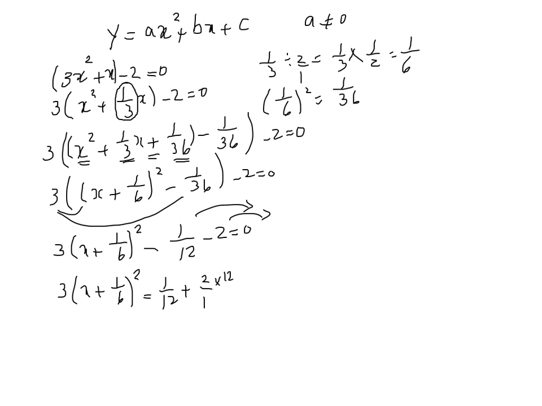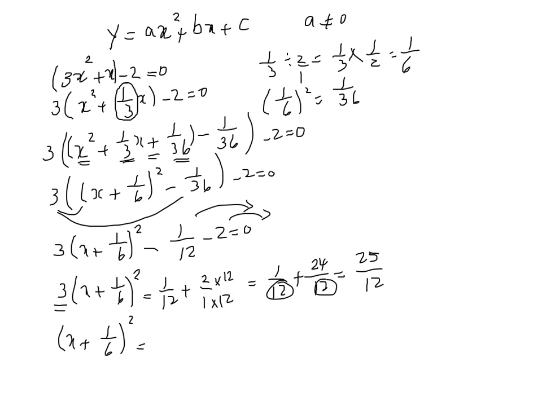Multiply both numerator and denominator by 12. I get 1 over 12 plus 24 over 12, which is 25 over 12, because the denominators are the same, so you just add the numerators. Now I'm going to divide by 3 to get rid of the 3, so I get x plus 1 over 6 squared is equal to 25 over 12 divided by 3, which gives you 25 over 36.